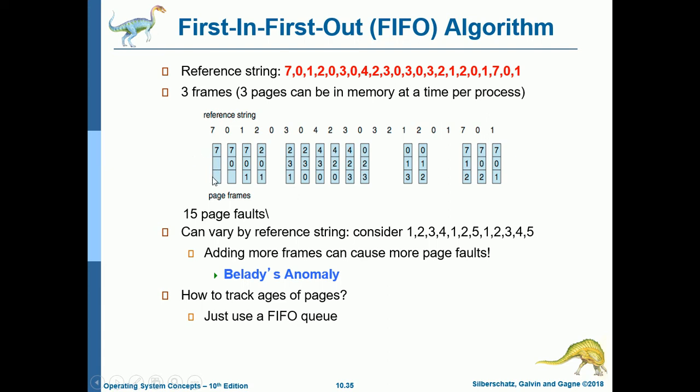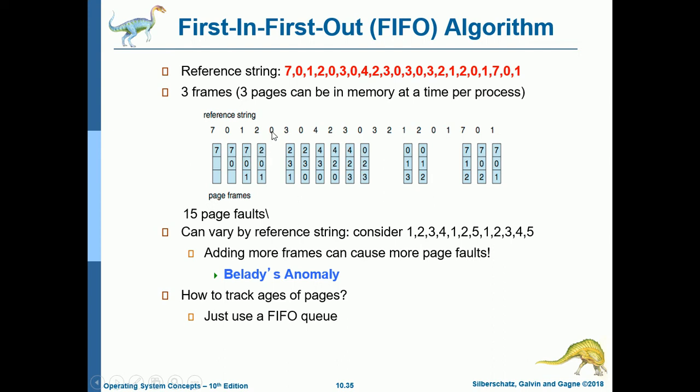Every change in the frame is a page fault. So we have 7 and then 0, so 7 0, and then 7 0 1, and then 2. Since it is first in, first out, among 7 0 1, 7 is the first to be put in line, so 7 is replaced by 2.